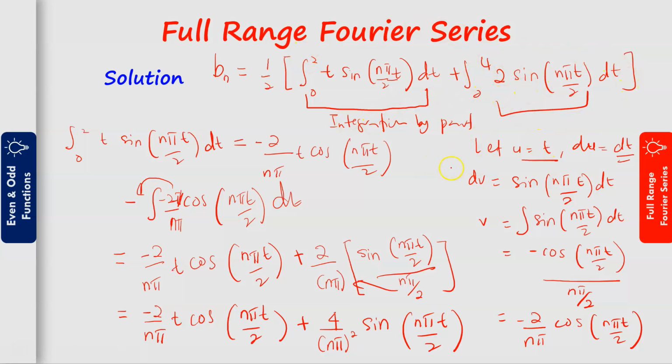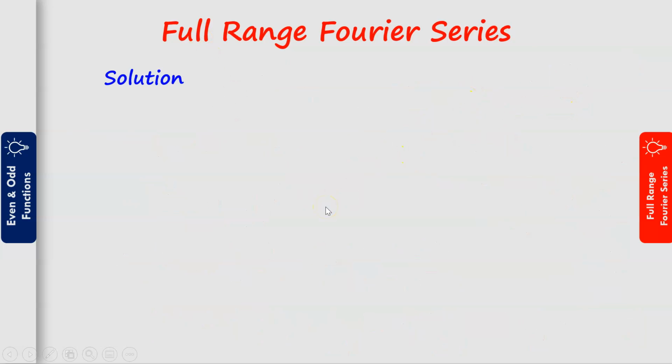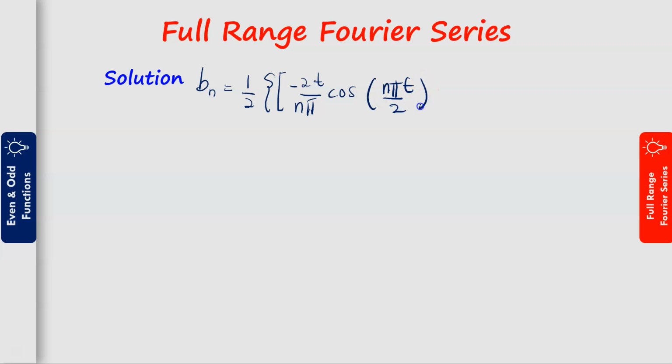When we solve this part, you will have bn equal to 1 over 2 multiplied by negative 2t over n pi cos n pi t over 2, and then plus what we have solved previously, 4 over n to the power of 2 pi square sine n pi t over 2, which has the limit for this integration from 0 to 2.